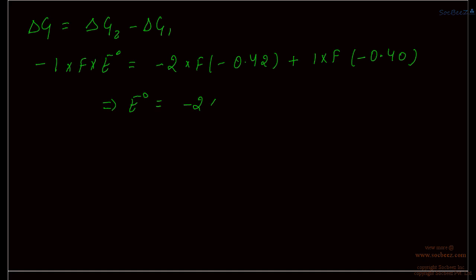From here, the value of E naught equals minus 2 into 0.42 plus 0.40, which equals minus 0.44 volt.